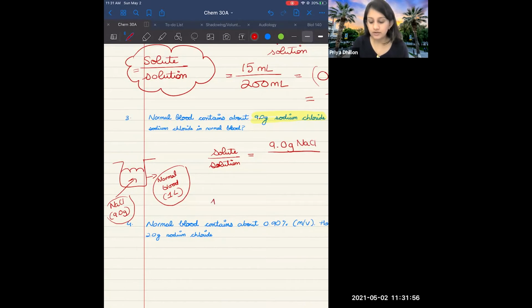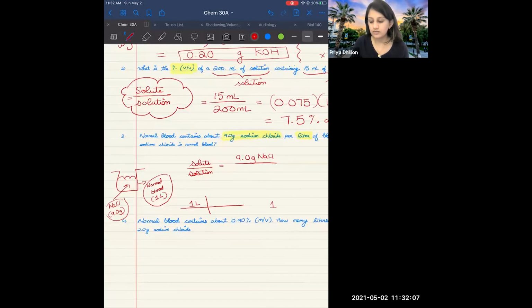So when we have 1 liter, let's try to do the conversion here. So how many milliliters are in 1 liter? 1 liter has how many milliliters?